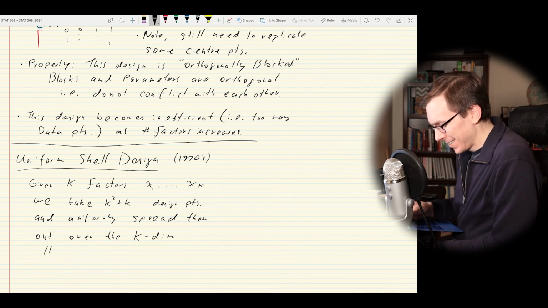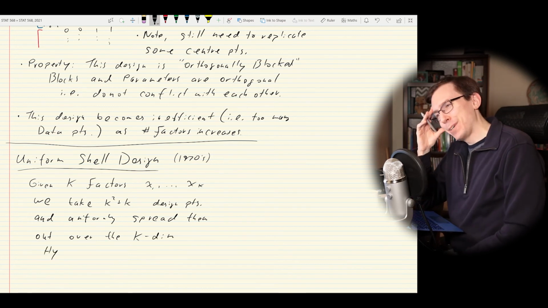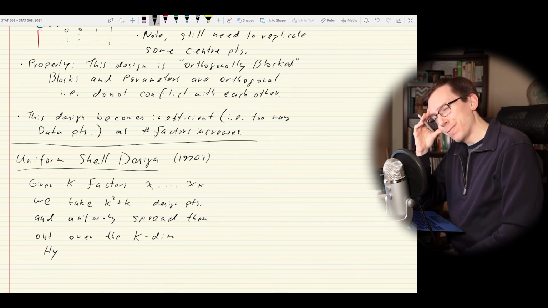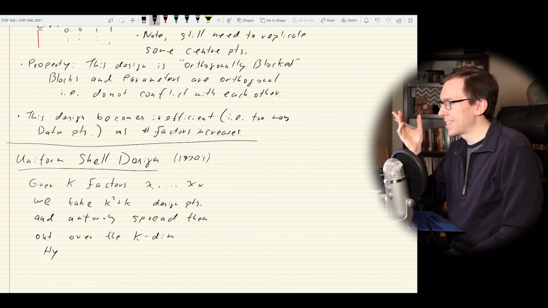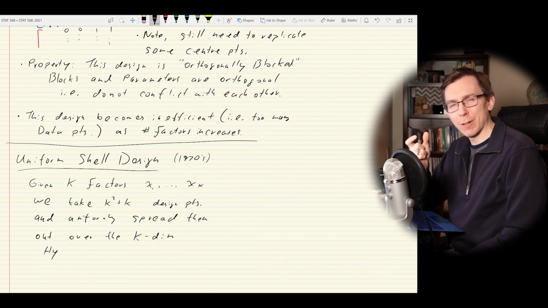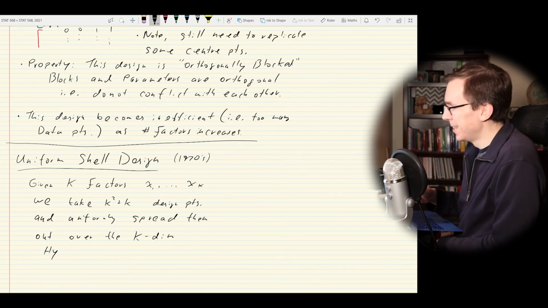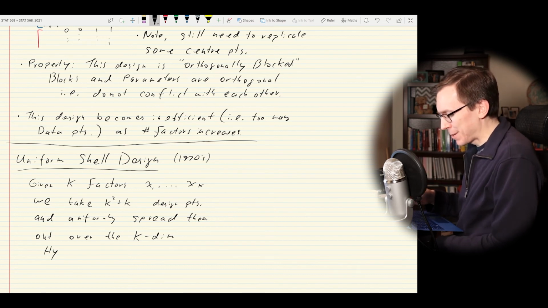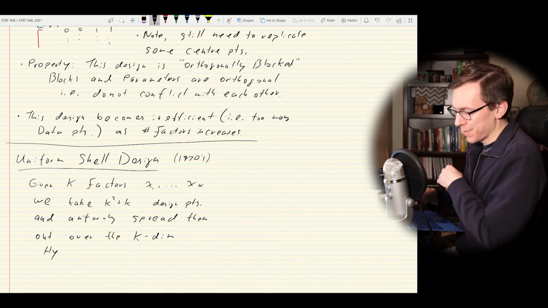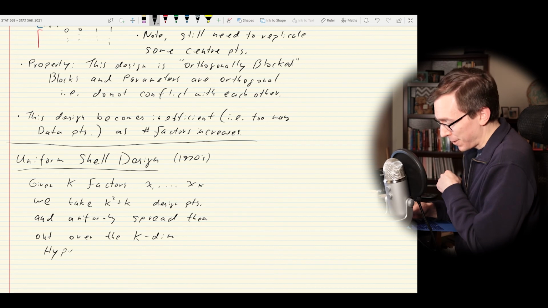I always forget the terminology, like in pure math, is the two sphere a sphere in 3 dimensions, or is it a sphere in 1 dimension? I don't do pure geometry. But in this case, we have k dimensions and we have a hypersphere in k dimensions, and we're just going to spread our points out over it. Easier said than done.